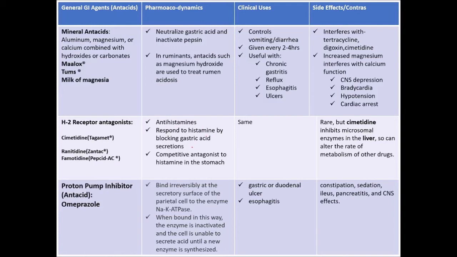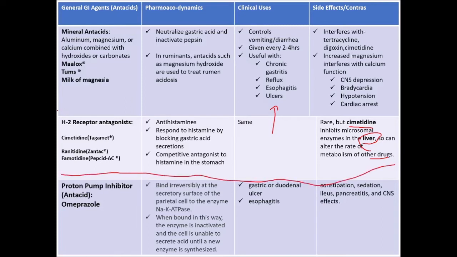So often we see these H2 antagonists associated with omeprazole, which is a proton pump inhibitor antacid, not a mineral antacid, not a histamine receptor antagonist. This proton pump inhibitor binds irreversibly at the secretory surface of the parietal cell to the enzyme sodium potassium ATPase.